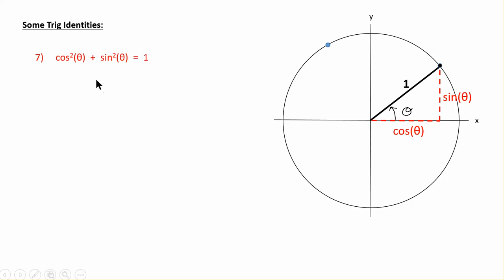In other words, cosine squared theta plus sine squared theta must add up to the hypotenuse squared, 1 squared. So cosine squared theta plus sine squared theta equals 1. That's the last of our very useful trig identities.